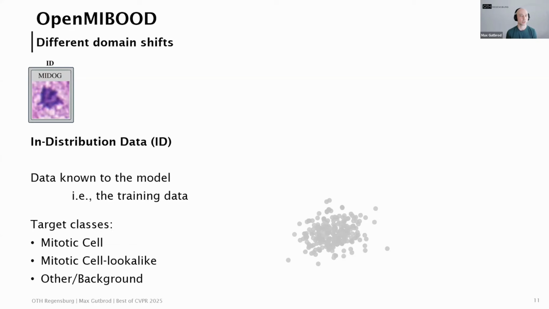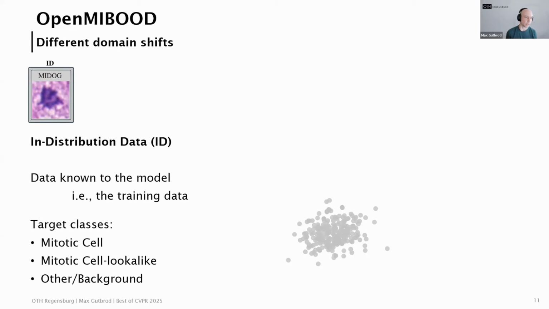And for this classification model, we try to predict if a cell is a mitotic cell, a mitotic cell lookalike, a normal cell, or background. And mitotic cells are cells that are in the process of dividing themselves. And mitotic cell lookalikes are just cells that look like mitotic cells, but are actually only imposter cells.